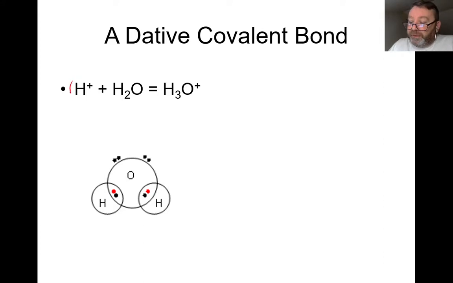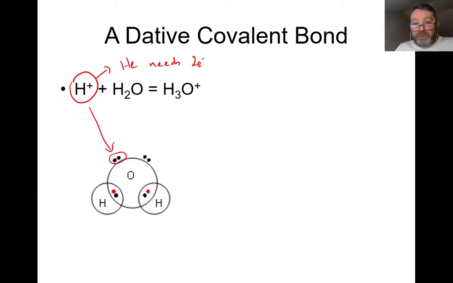Think of the H plus out here. H plus wants to be like helium. In other words, it needs 2 electrons. Take a look at the water molecule. Look at these 2 electrons here. That H plus will attack this water molecule.